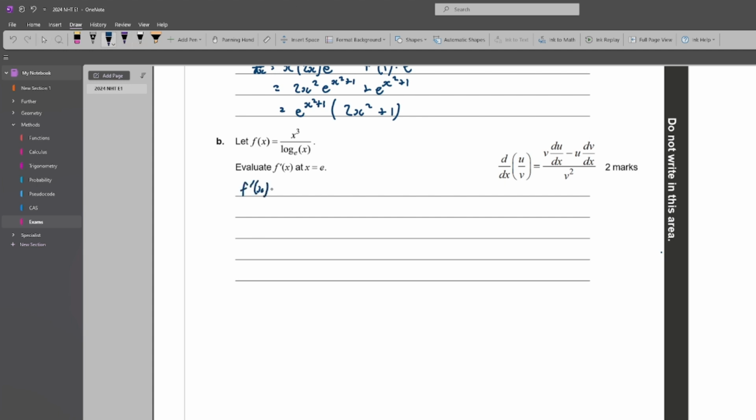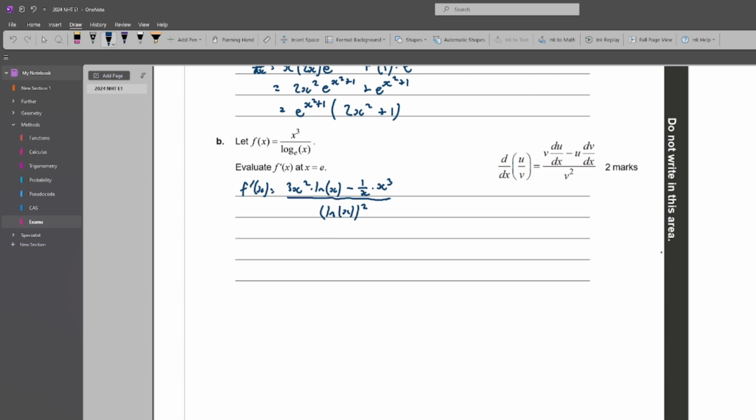Okay, f dash x equals derivative of x cubed is 3x squared times ln x unchanged, and then minus the derivative of ln x is just 1 on x times x cubed. Now all over our denominator squared. So ln x squared. Take note, it's not ln of x squared, it's the entire term ln x, all squared.